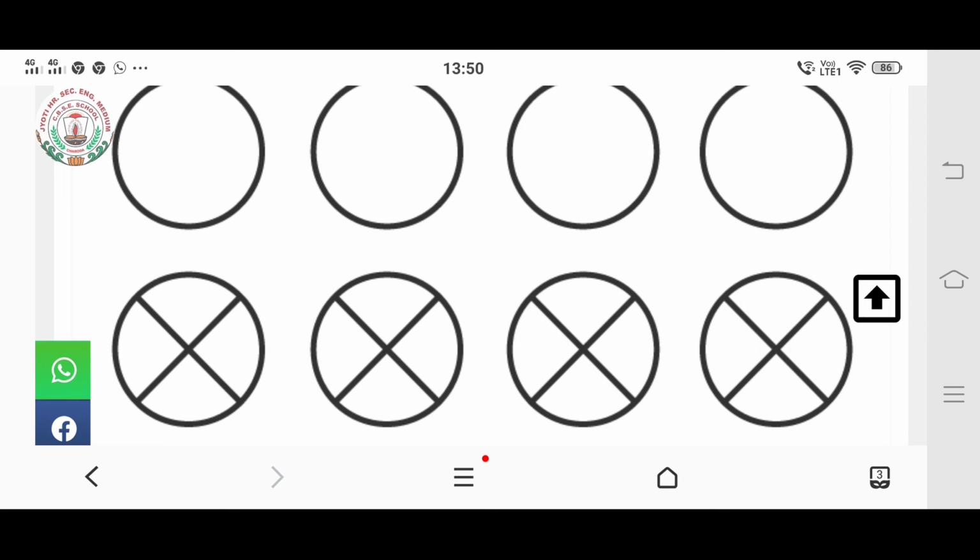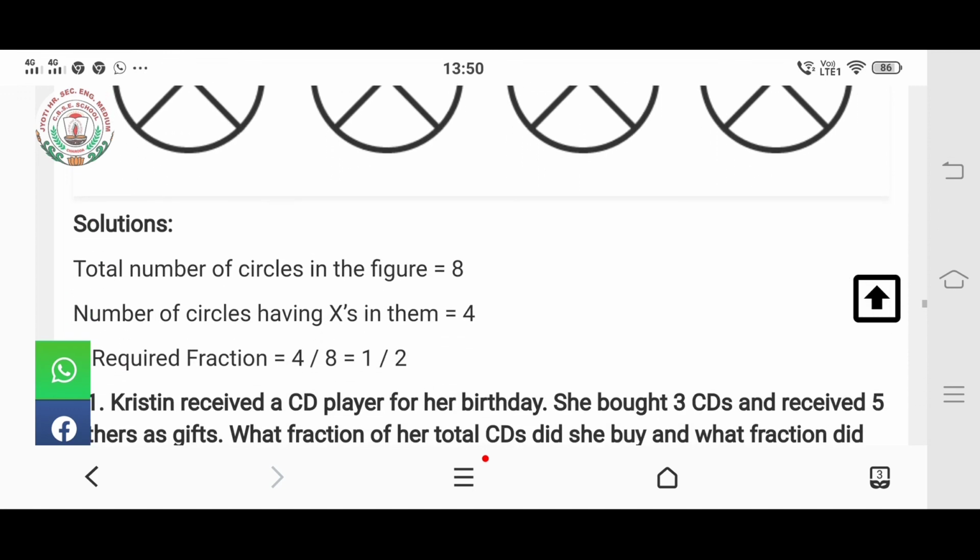Total number of circles is 8. Number of circles having X is 4. So the required fraction is 4 by 8. Converting to the simplest form, 1 by 2. So 1 by 2 is the final answer.